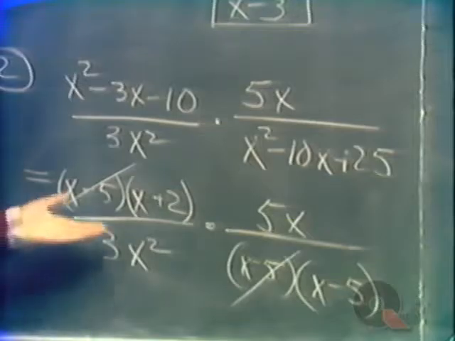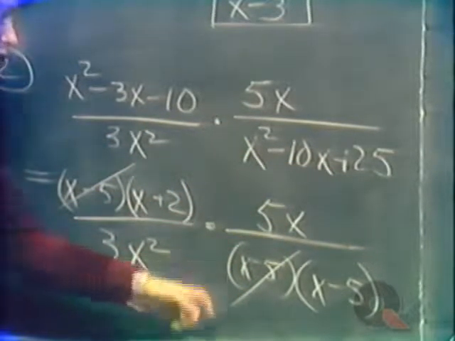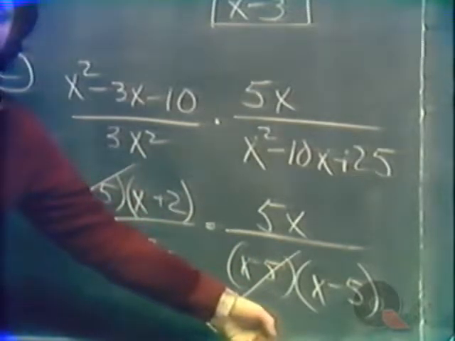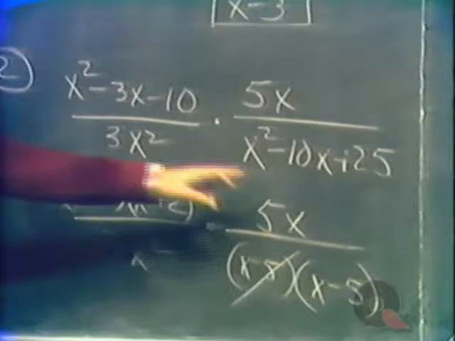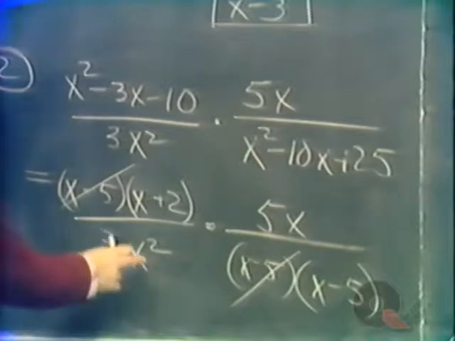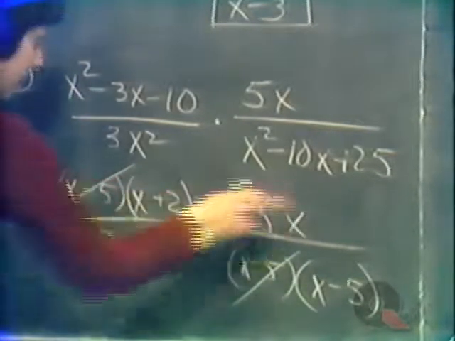Since we can multiply the numerators and put that over the product of the denominators, we are permitted to cancel a factor in the numerator here with a factor in the denominator here. Any factor in either of the numerators can cancel any factor in either of the denominators. We see also that x is a factor in common in this numerator and in this denominator.